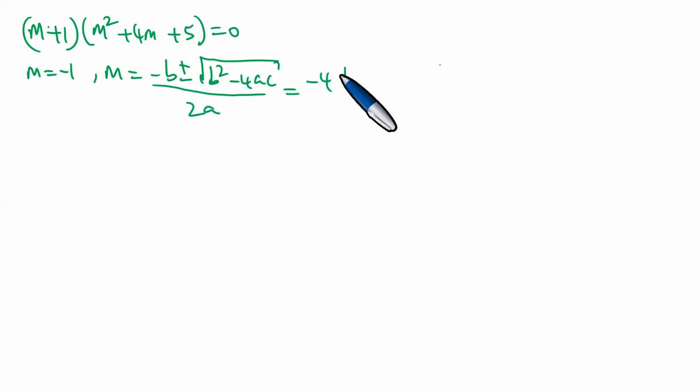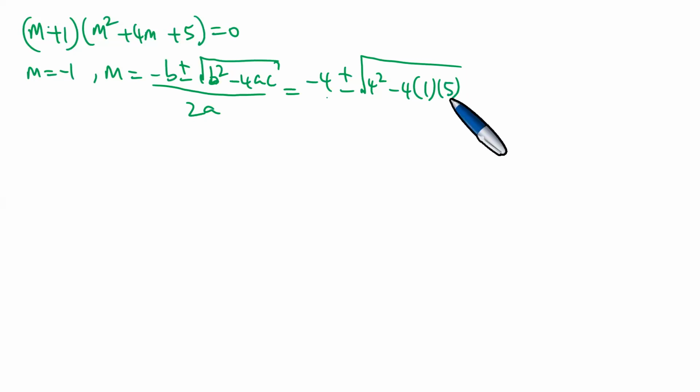Minus 4 plus or minus the square root. The b is 4, a is 1, c is 5, over 2a, which is 1.